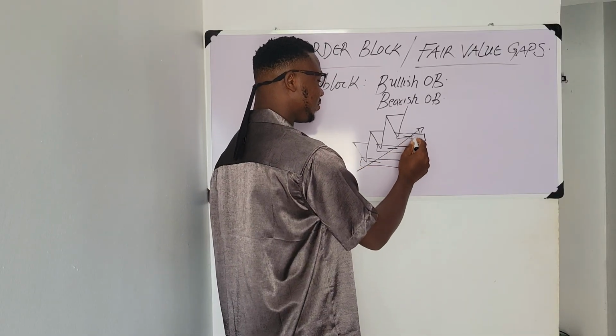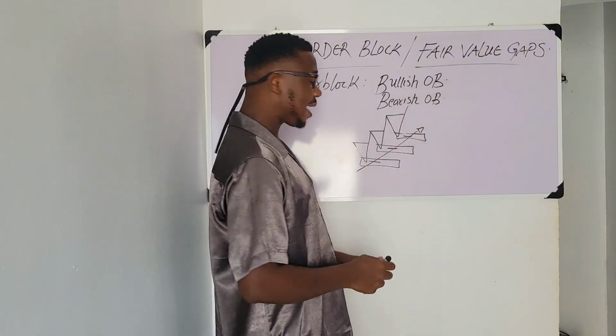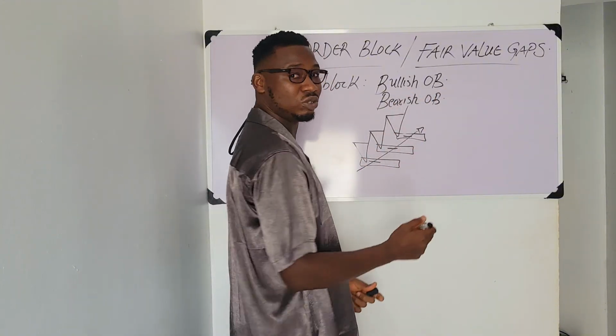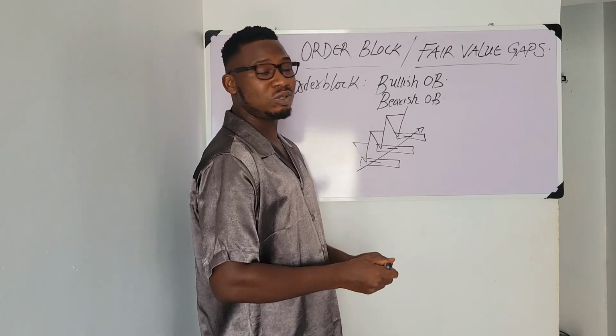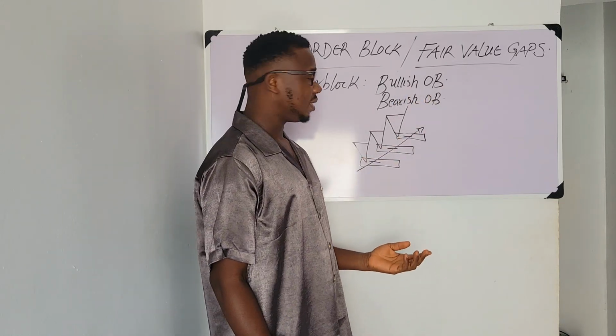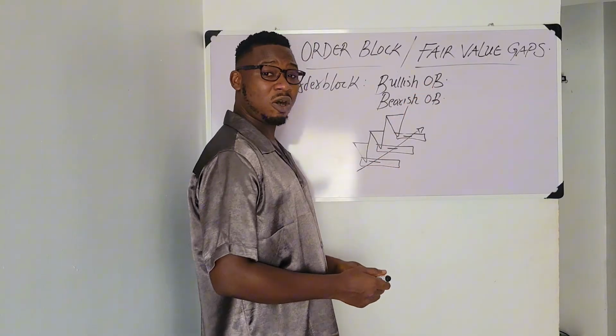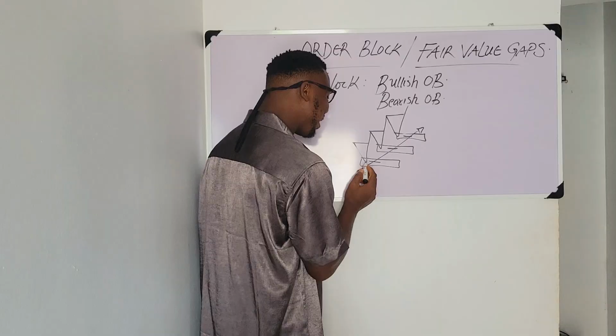These are demand levels. You look for a bullish order block around demand zones. You don't go to supply zones and start looking for a bullish order block. You look for bullish order block around demand zones, and a bullish order block is the last bearish candle.